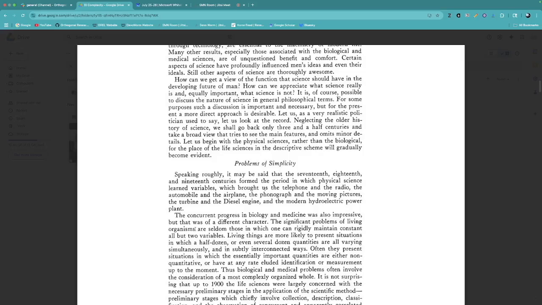Living things are more likely to present situations in which half a dozen or even several dozen quantities are all varying simultaneously and in subtly interconnected ways. Often they present situations in which the essentially important quantities are either non-quantitative or have at any rate eluded identification or measurement up to the moment.